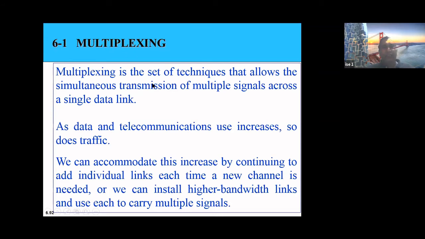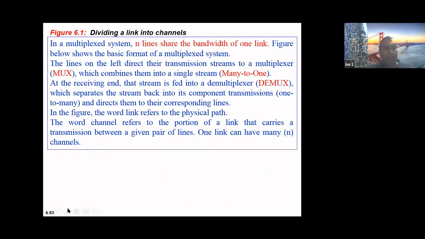So here you can see the concept: N lines share the bandwidth of one link. N input lines, I should say. The concept is simple, that is many to one. Many channels are combined into one channel. At the sending end, I have a multiplexer, which means many channels are combined and sent with only one transmission channel.